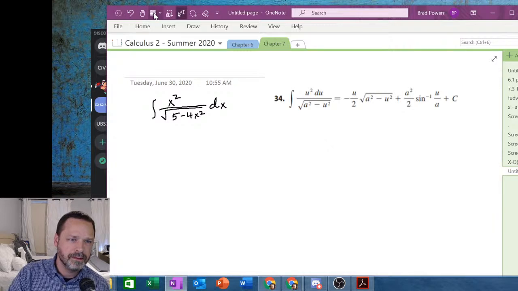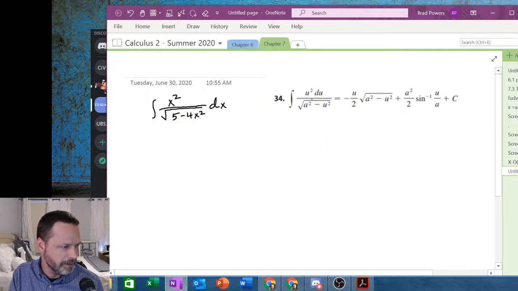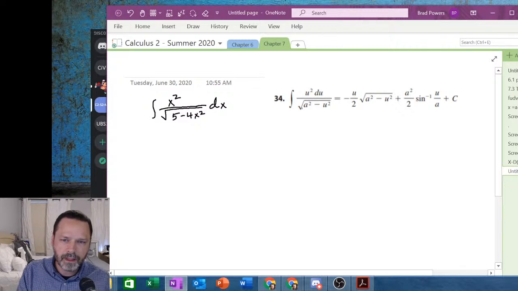Now, what these end up being is two things: find the formula we need to use, and then use it. Sometimes you need to be a little creative to use it. There's a couple ways we could do this. I'm going to show you the way I would do it, and we'll see if it works.